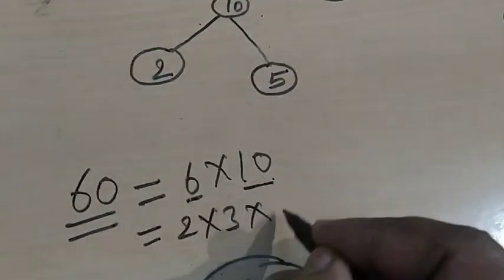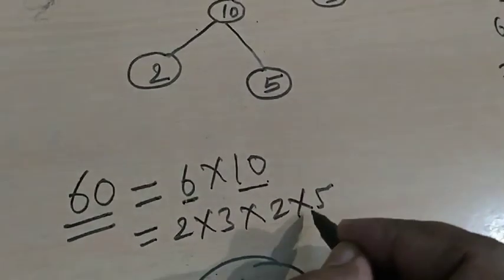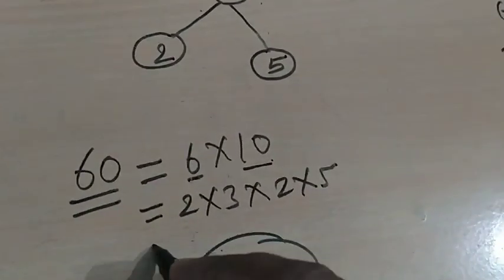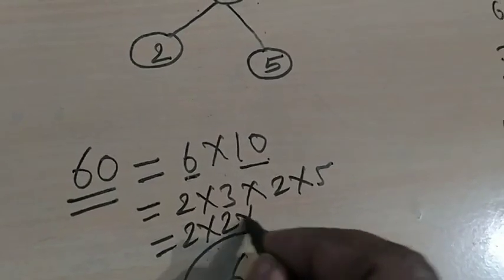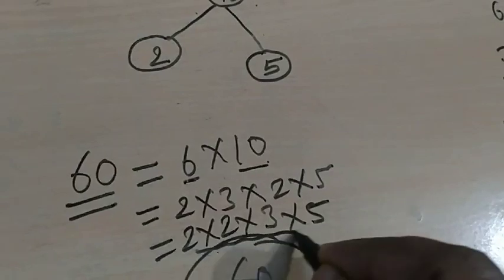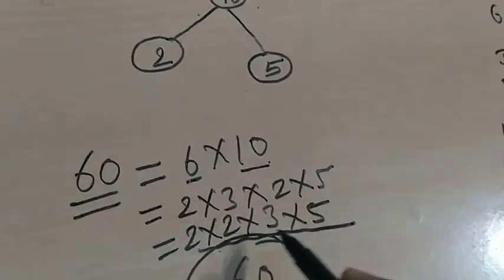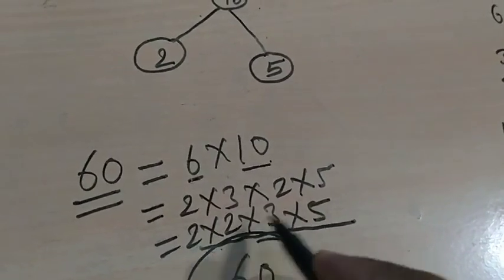And 10 you can write 2 into 5 in the form of prime numbers. Okay, so you can see here 2 into 2 into 3 into 5 is the prime factorization of 60, because we write 60 as the product of prime numbers.